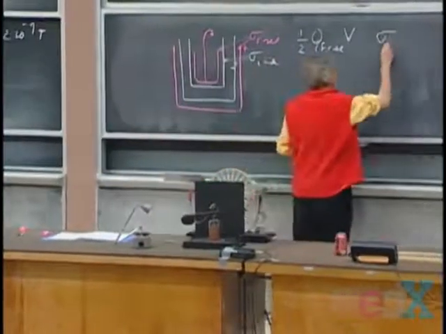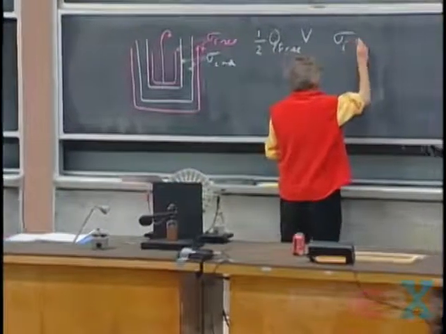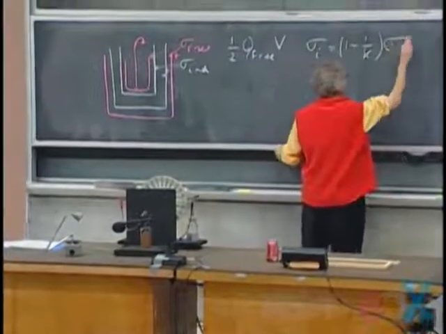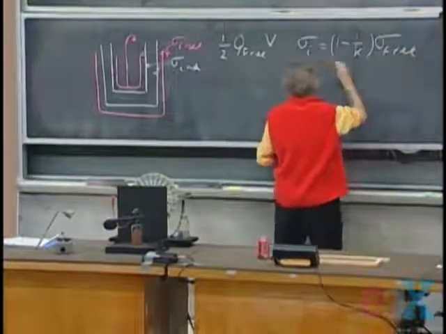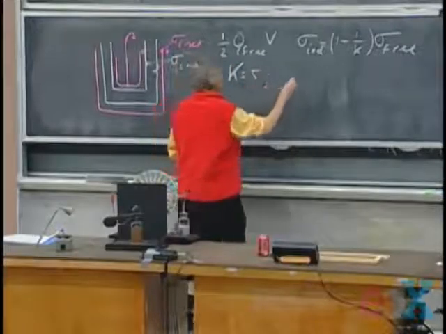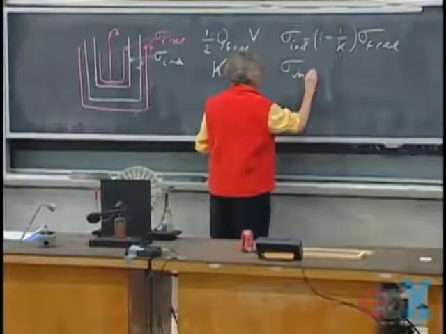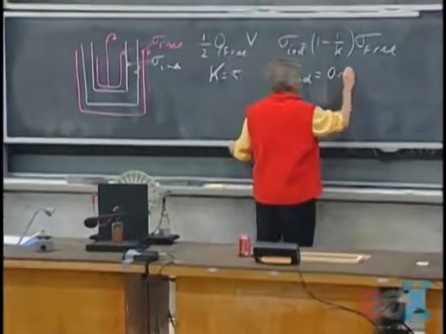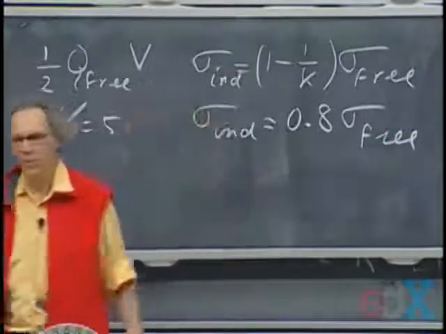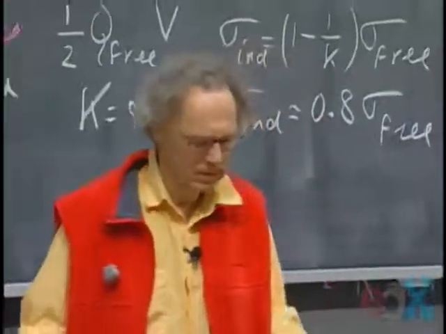Remember, the induced charge density is (1 minus 1 over kappa) times sigma free. So if glass has a kappa of 5, then the induced surface charge density is about 0.8 times the free surface charge density. The moment that the free one goes, the induced one goes.